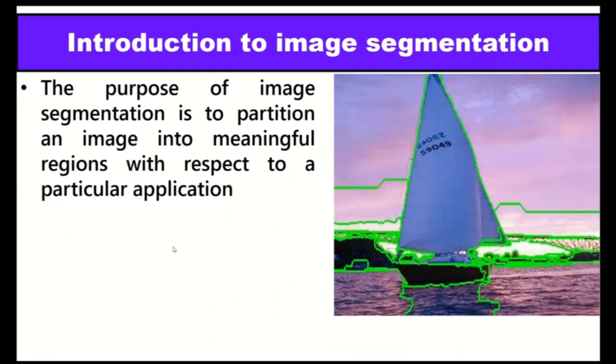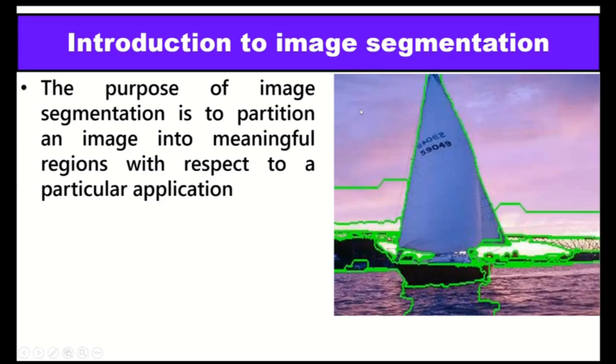Another example of this: suppose in this image there are different types of textures, colors, and shapes. According to these parameters, we want to divide it, and suppose we want to highlight this text.